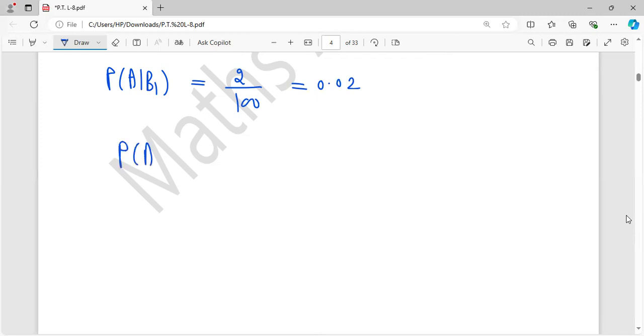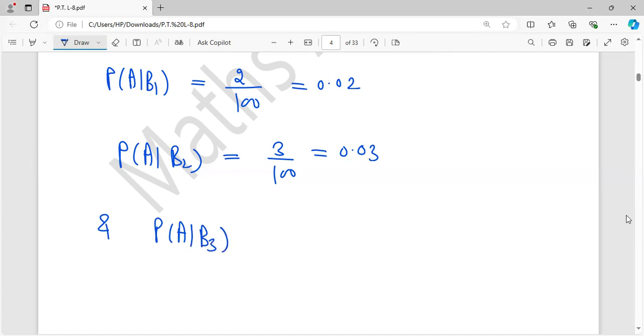What is probability A relative to B2? This is 3 upon 100, that is 0.03. And what is P A relative to B3? That is 2 upon 100, that is 0.02.